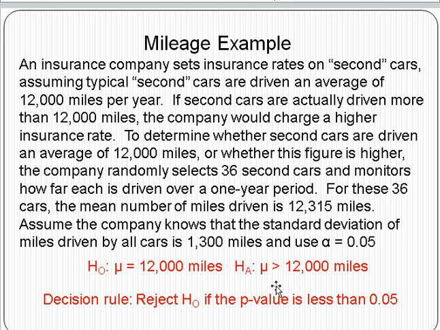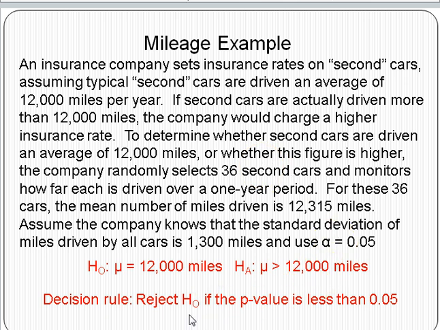The alternative also often comes from the clues here. The car company wants to determine whether second cars are driven an average of 12,000 miles or whether this figure is higher, greater than 12,000.